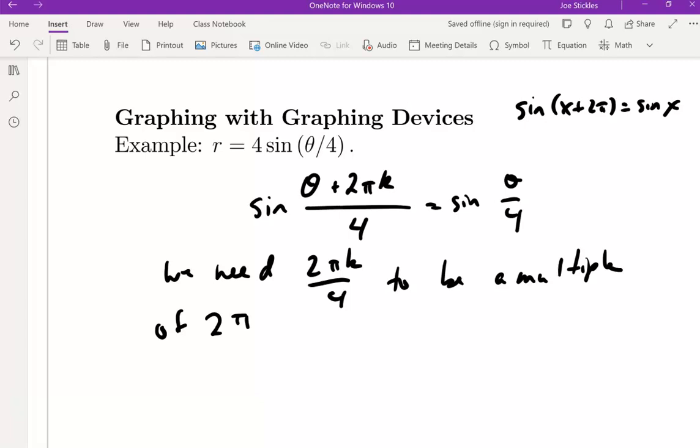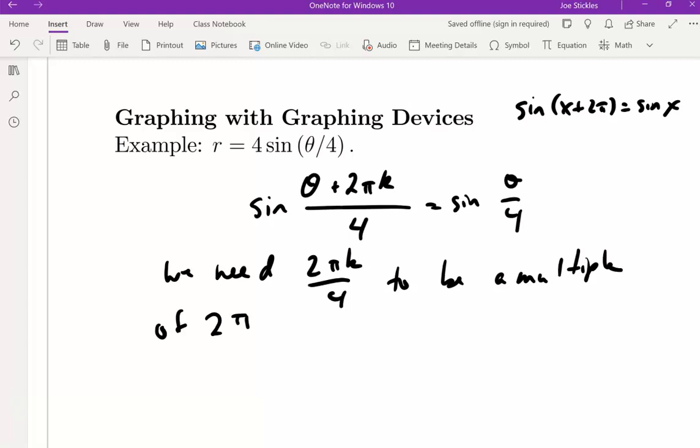It's interesting because I'm not getting 8. I definitely need 8. So I put in 4 for k.